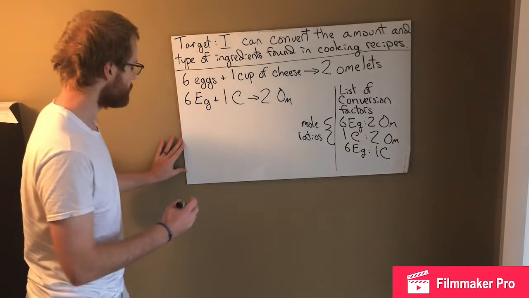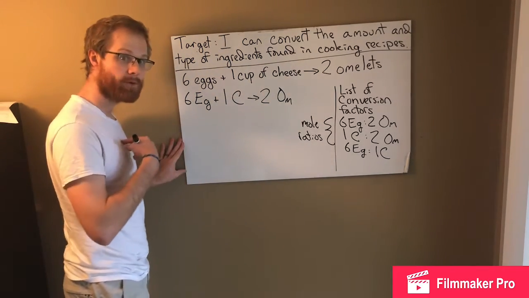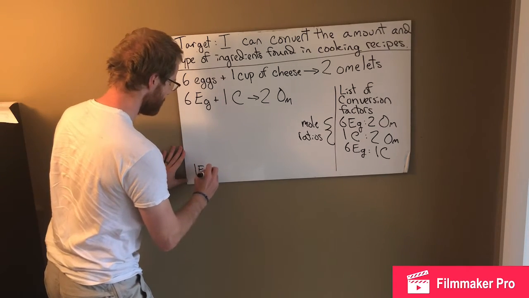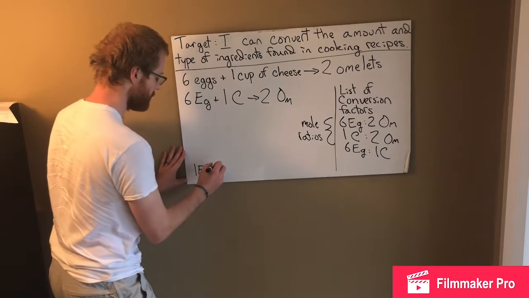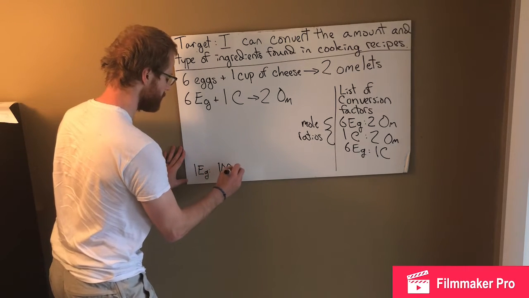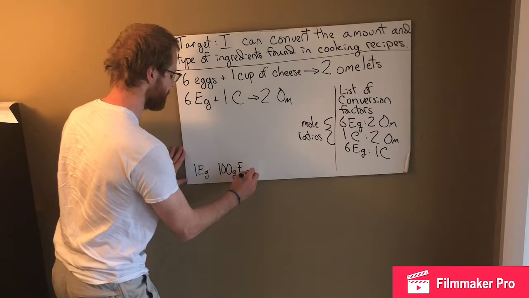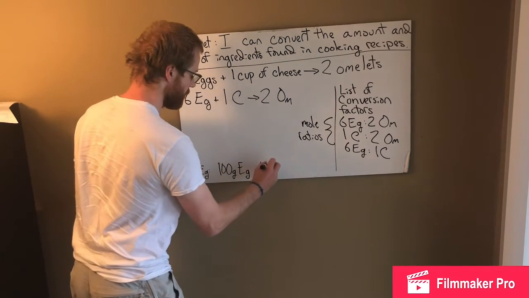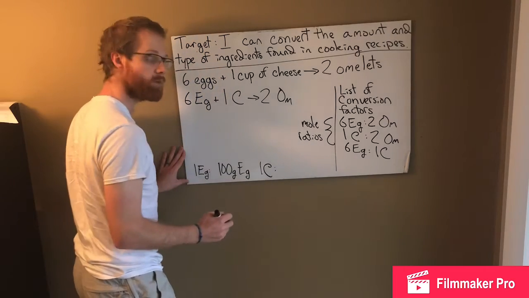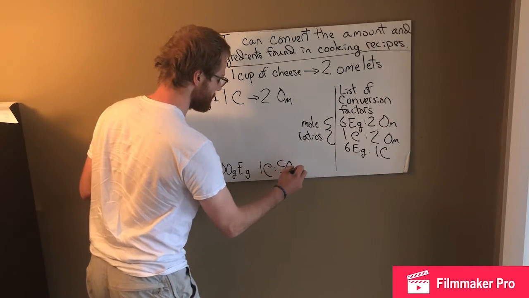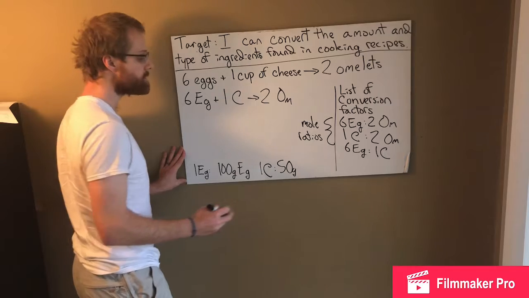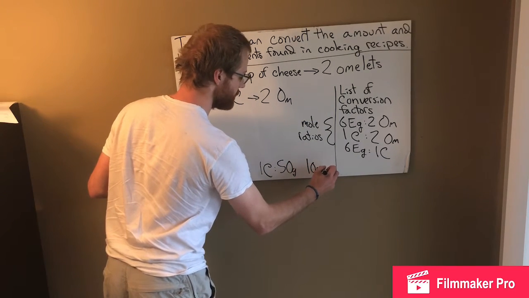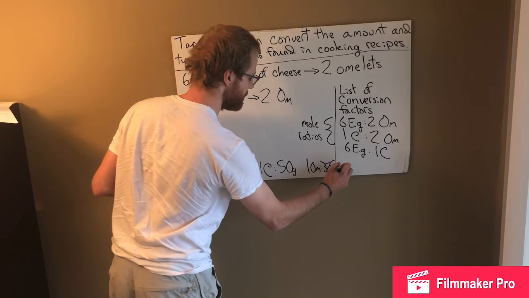So we know, because I put them on a triple beam balance, that 1 mole of egg is equivalent to 100 grams of egg. We also know that 1 cup of cheese is equivalent to 50 grams of cheese. And we also know that 1 omelet is equivalent to 325 grams of omelet.